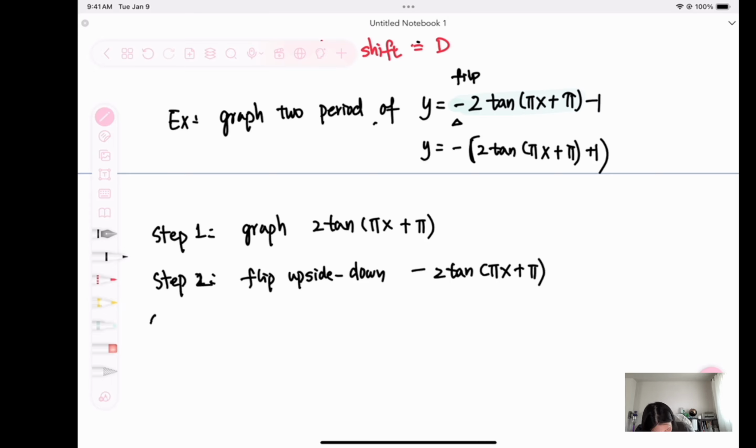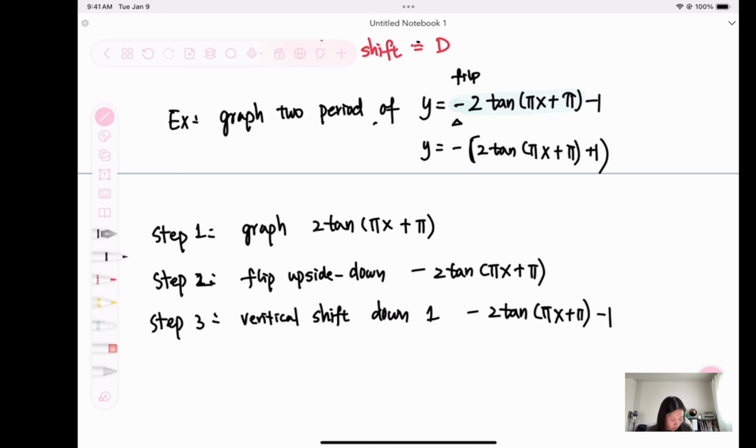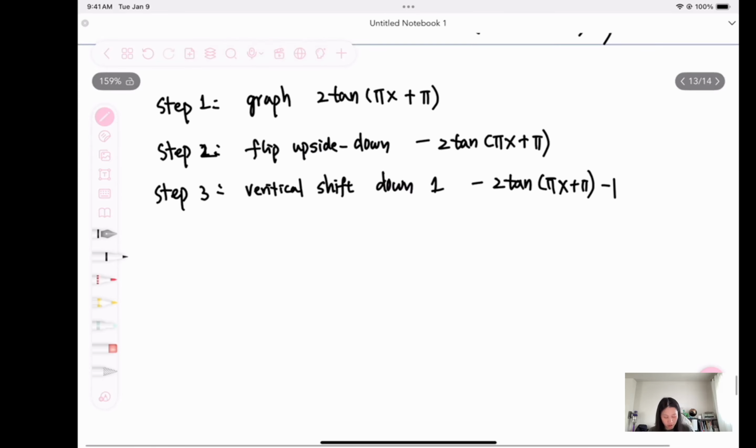Step 3, you can just have the vertical shift, which is down 1. The function coming from the second step, minus 1, gives you the down 1. So here it is. All right, let's do this.